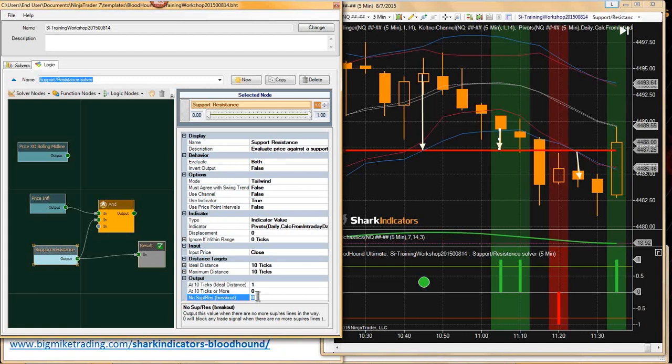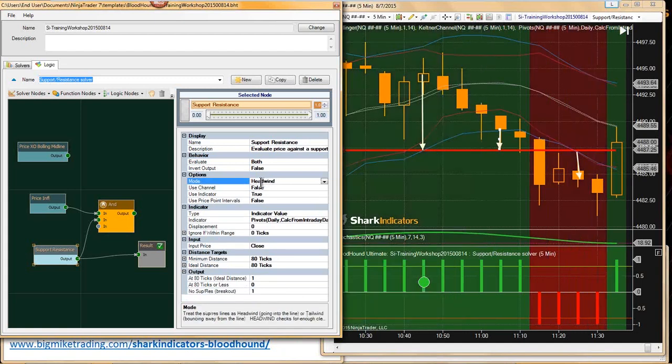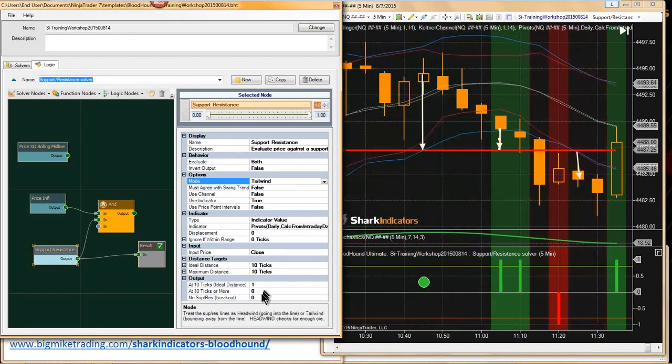So that is off by default, whereas if I change this to headwind mode, we can see it's on by default. But in tailwind mode, this doesn't have any practical purpose, but I don't know. Trading ideas are infinite, so somebody might find a use for this.